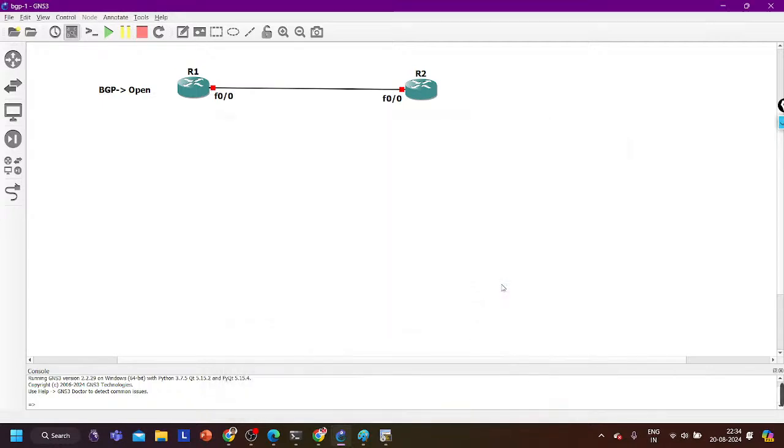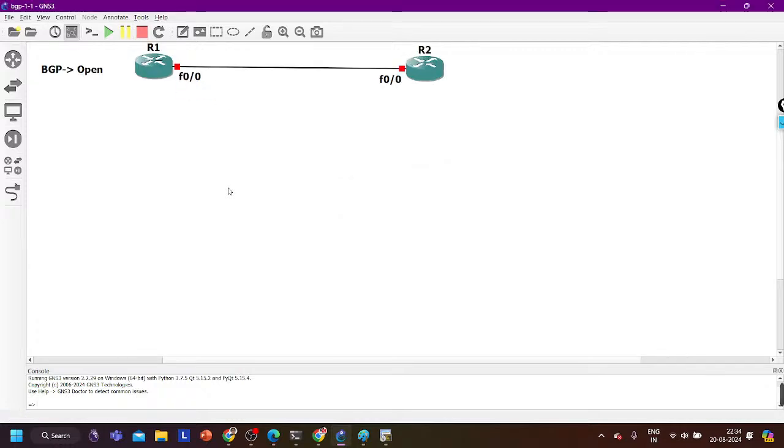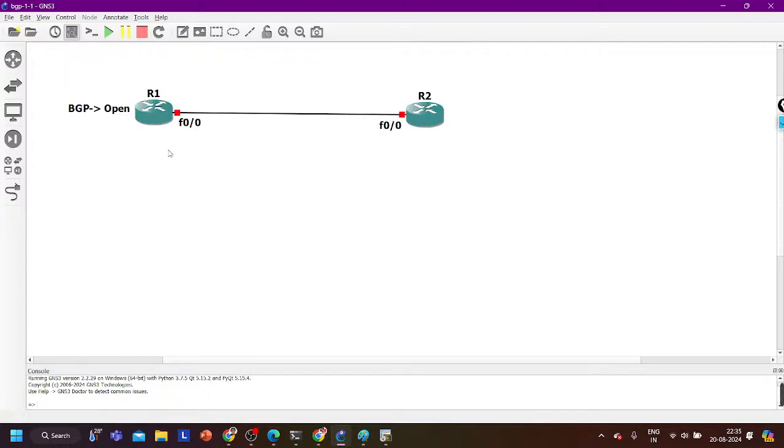Just a question, please. Whenever we are speaking about the open message, does it mean TCP or is it totally different? The open message is a message of BGP, brother. This is a message of BGP, not a SYN message. The SYN message is a message of the TCP protocol.